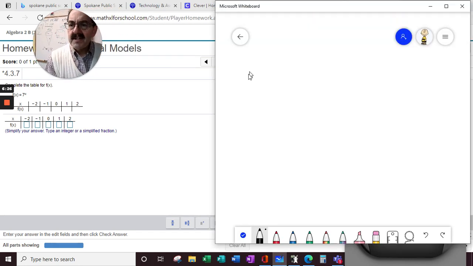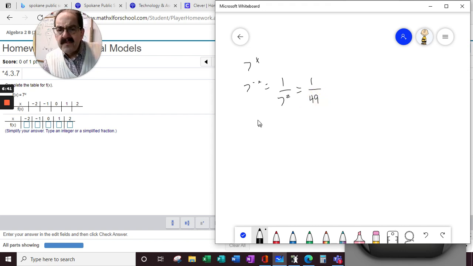All right, negative exponent. So 7 to the x. Well, 7 to the negative 2 means 1 over 7 to the 2. It's going to want 7 squared, which is 49. So that's the first one, 1/49. 7 to the negative 1, you have to bring the exponent down to make it positive. So 1 over 7. Okay, anything to the 0 power is 1, right?